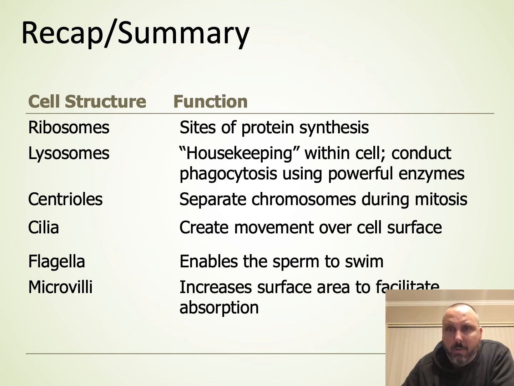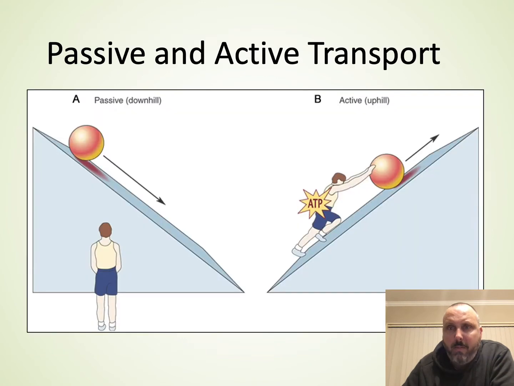What we're going to do now is move on briefly to transport. So active and passive, we're going to talk about two different types of transport. Essentially, this visual was a really good one, I felt, to help people understand what we're talking about. So passive is downhill, in the sense of cellular transport across a cell membrane.